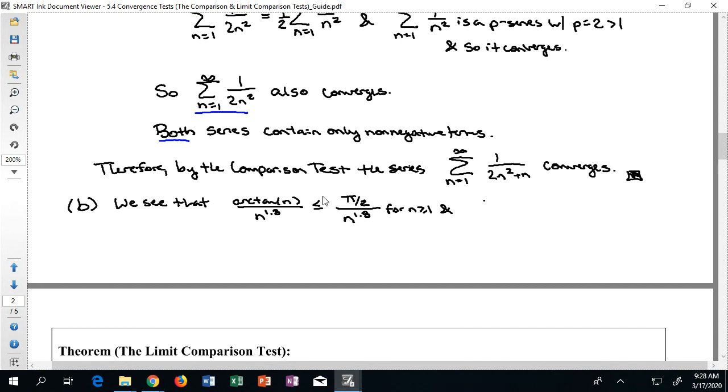and I can see that this is a p-series with p equaling 1.8, which is greater than 1. And thus converges.